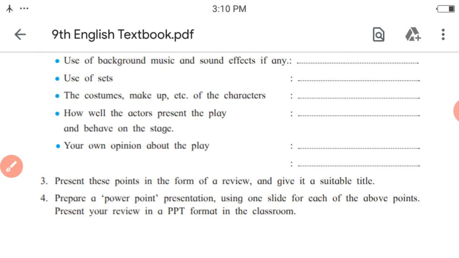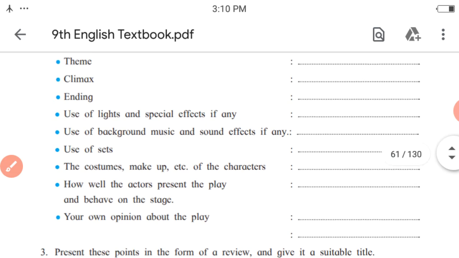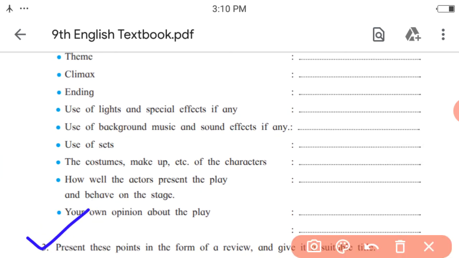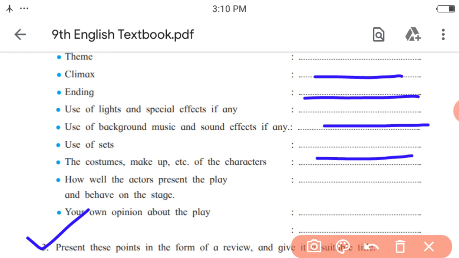So, this is about the second activity. Next, here is the third one. What is it? Present these points in the form of a review and give it a suitable title. So, whatever points are used above, you have to answer each of them, and after writing the answers, you will find on the left the points and on the right side the answers to those points.